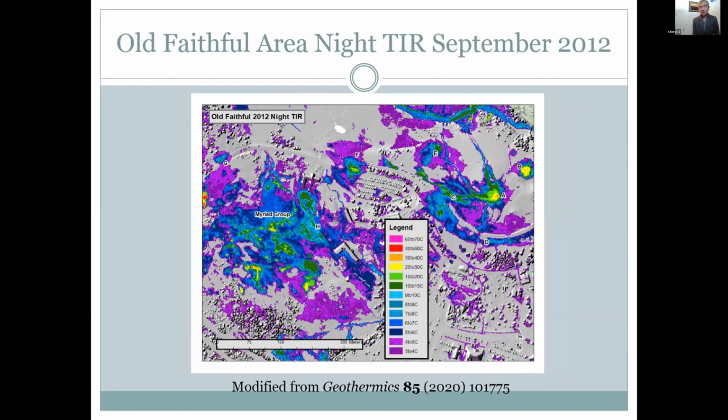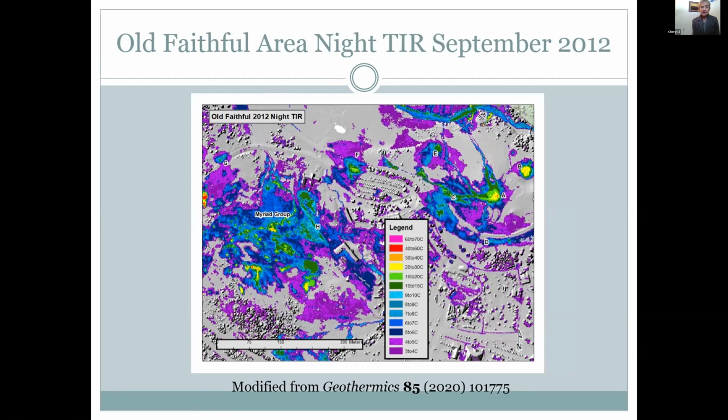So we can look at the thermal a little differently. Here you're seeing the Old Faithful area in thermal, and it's night thermal. So much of the solar heating you saw in the day thermal infrared has been reduced.